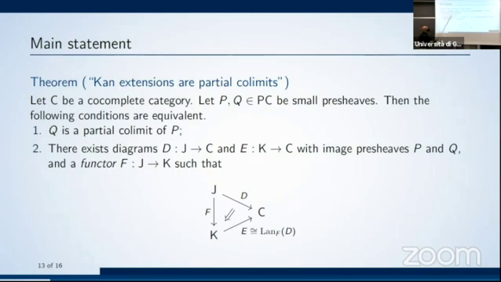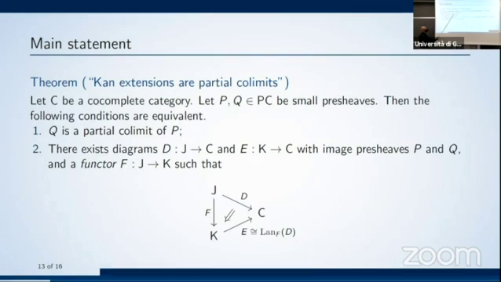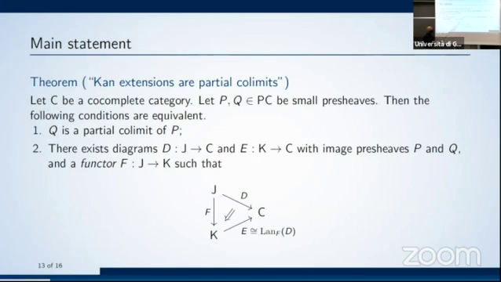So P can be partially colimited to Q if and only if P is the image of some diagram such that if you take the Kan extension of the diagram along some functor, then you get a new diagram whose image presheaf is Q. So at the level of image presheaves, you have partial colimits. At the level of diagrams, you have left Kan extensions. Let me say these are small, this is co-complete, so these are pointwise. Okay, always pointwise in this talk.